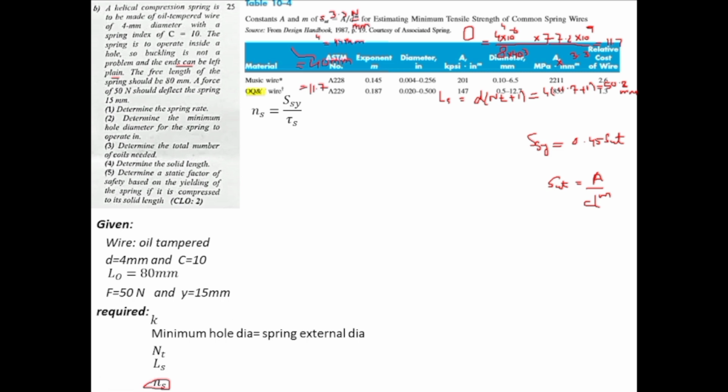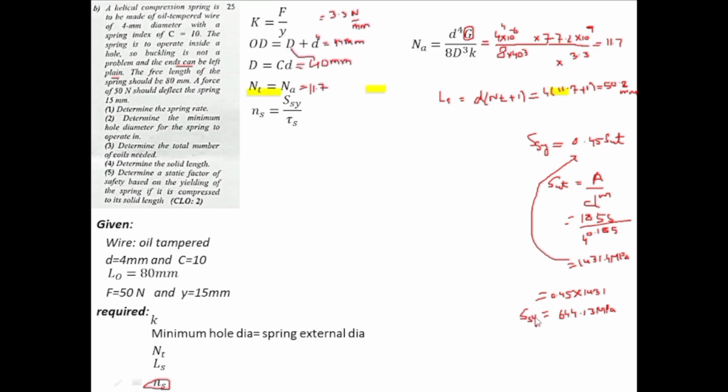If you see over here, for this oil tempered wire, m is 0.187 and A is 1855. So putting these values, that will give you 1431.4 megapascal. So put this value over here, it is going to give you 644.13 megapascal.